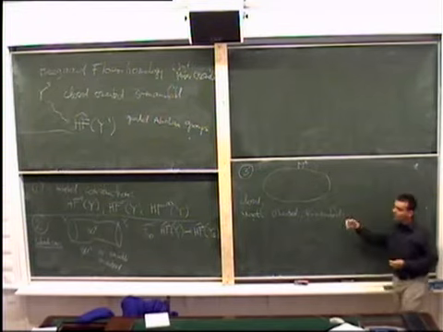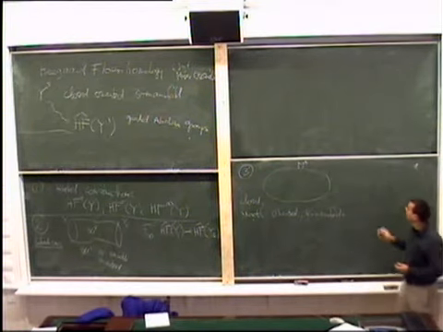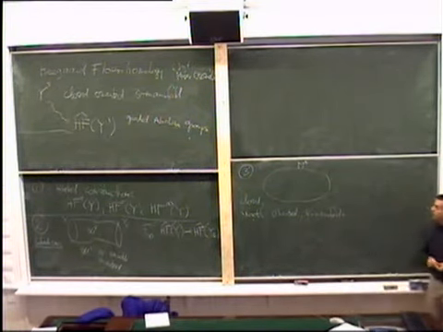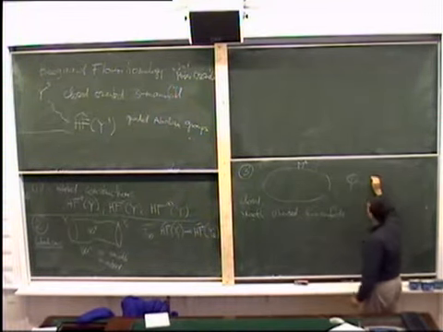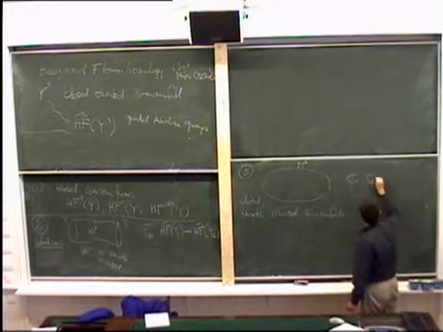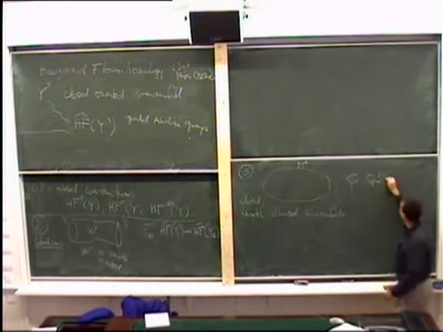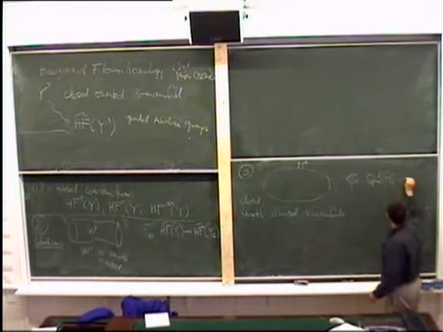And this invariant is a natural analog of the Seiberg-Witten invariant, so there will be a map from the space of spin C structures that Ron was talking about in his course to C.